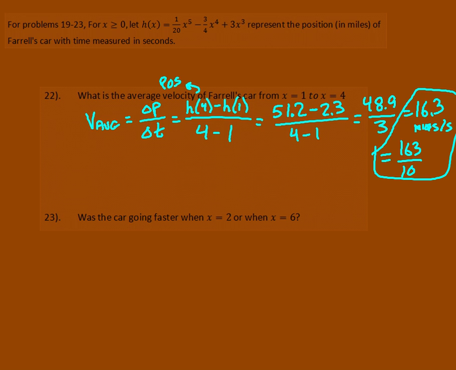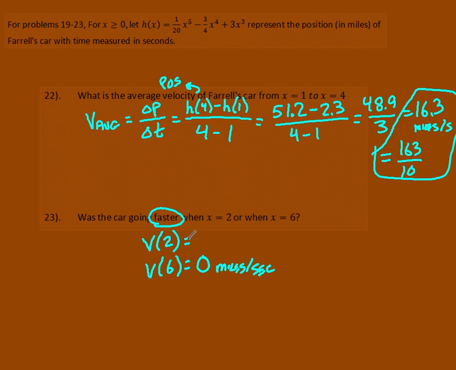All right, last part. Was the car going faster when x equals 2 or when x equals 6? Well, this faster deals with speed, deals with velocity. So I need to look at the velocity function at each of these points, at v of 2 and at v of 6. Well, I found v of 6 already in problem number 21. It was 0 miles per second.